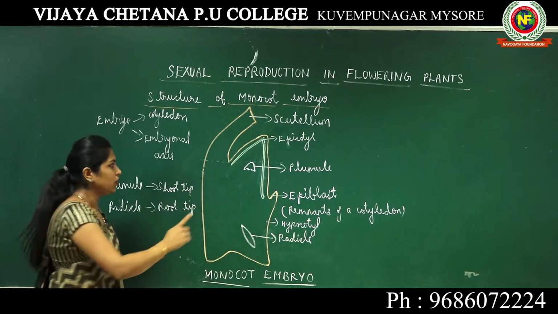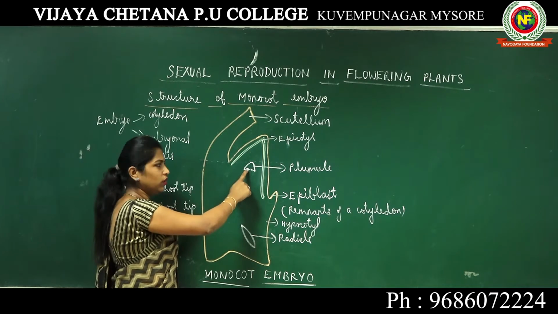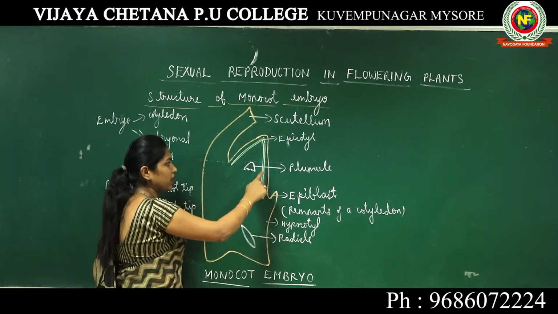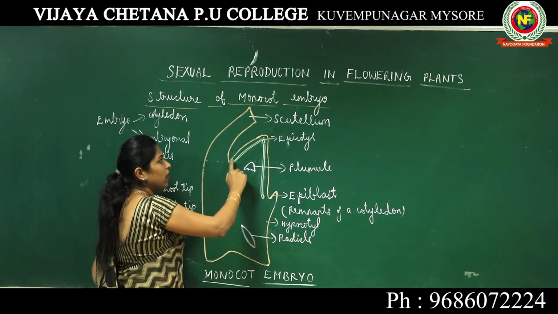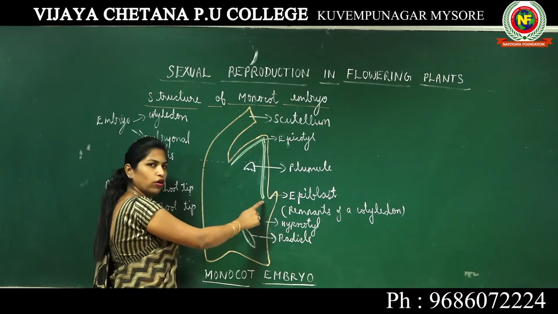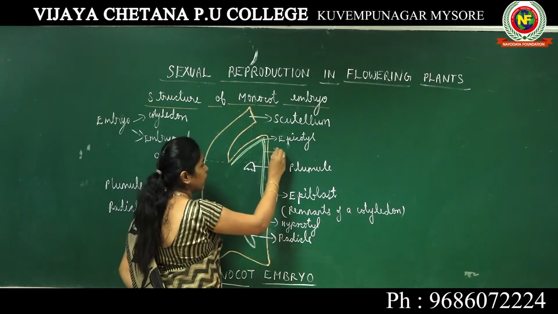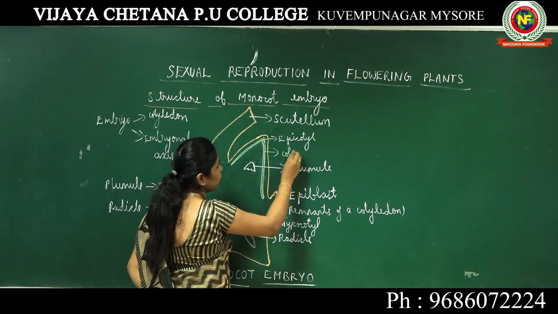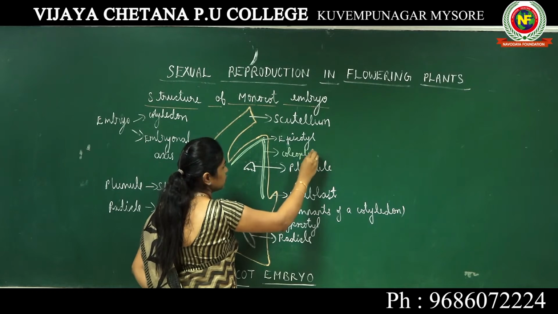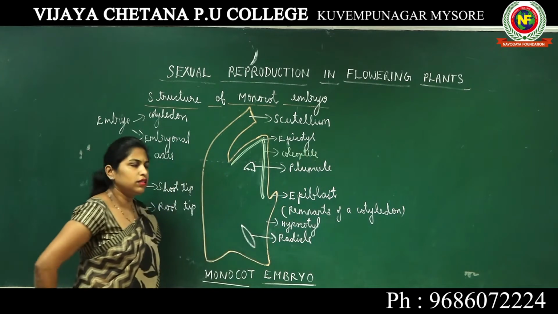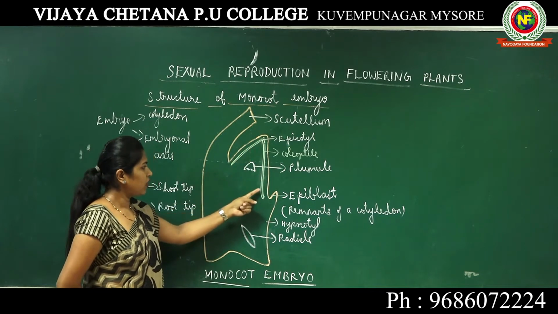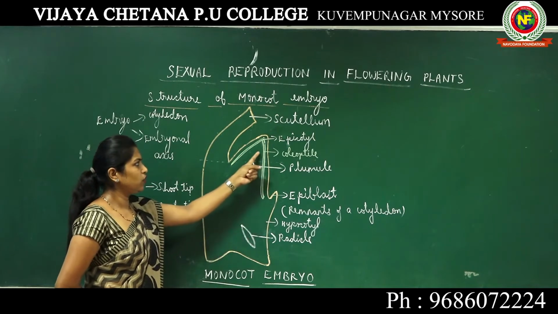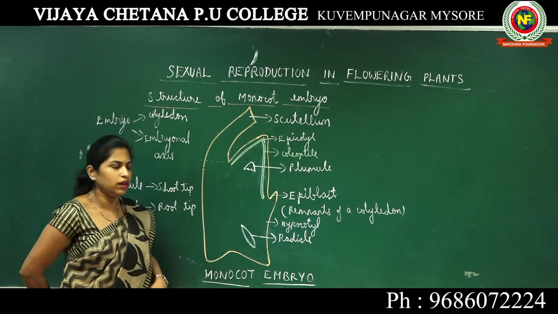If you see, this region called plumule is surrounded by an undifferentiated sheath or layer known as coleoptile. Okay, the plumule is covered by an undifferentiated sheath known as coleoptile.